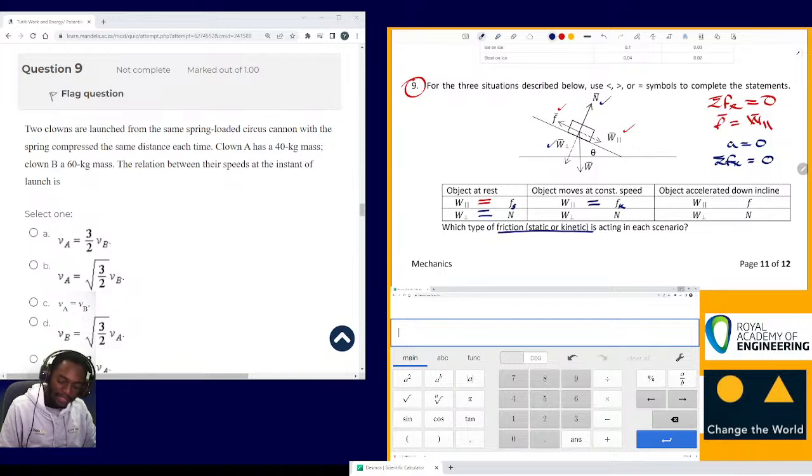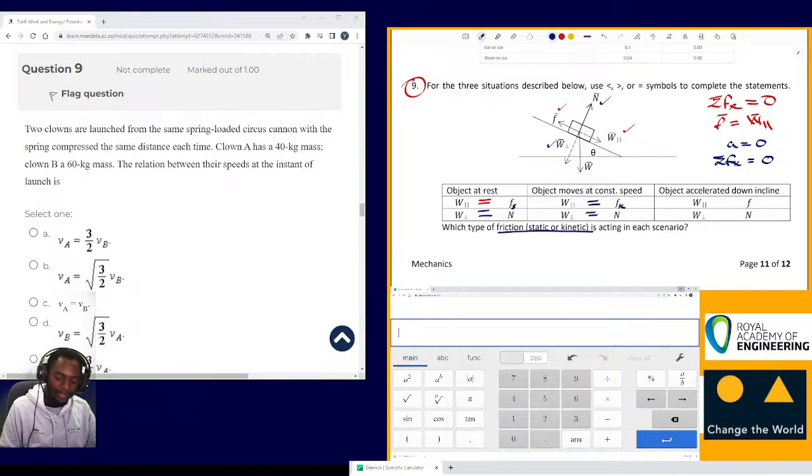And the normal force and the component of the weight perpendicular to the slope: this object is moving down the slope, it's not moving in the y direction, so these two remain equal because there is no motion in the y direction.